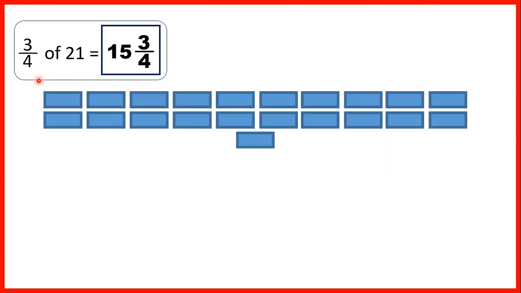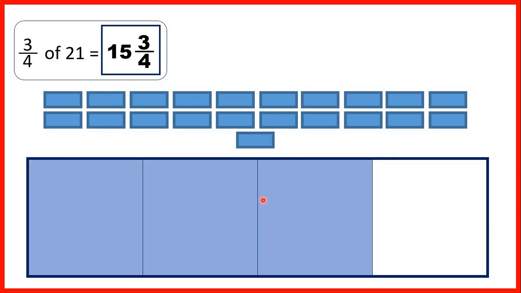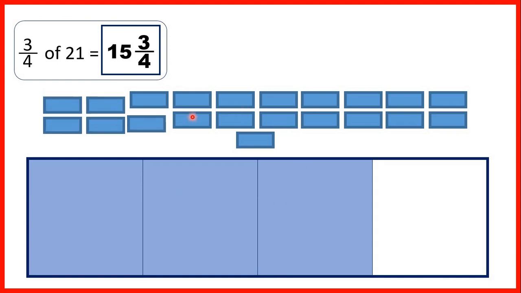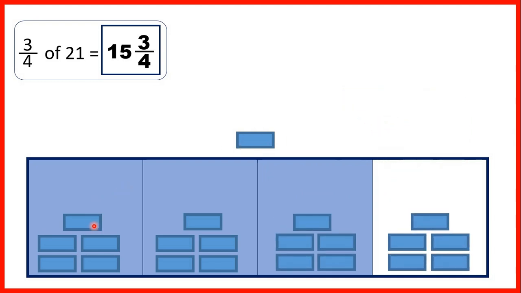Let's look back to this first question, where we needed to find 3/4 of 21. We can show a fraction bar split into quarters, and because we need 3/4, we can shade 3 of those fraction bars. Now we can share out 20 of these blocks, with 5 blocks in each of our quarters, so altogether in what we've shaded we have 5, 10, 15 blocks.